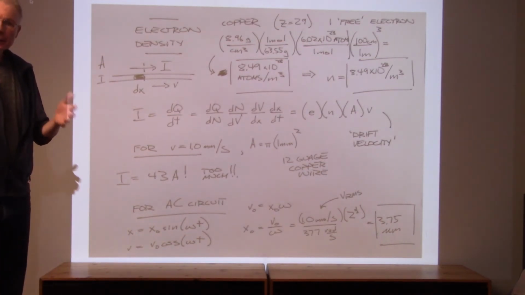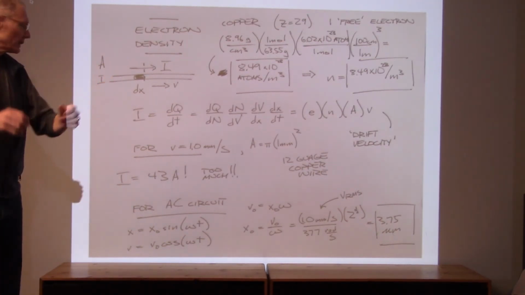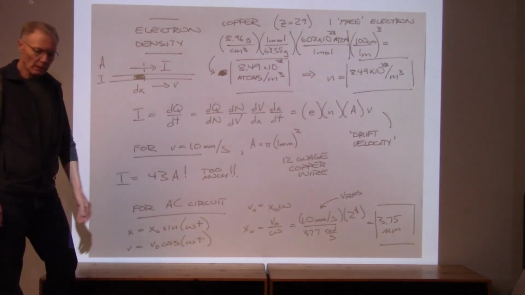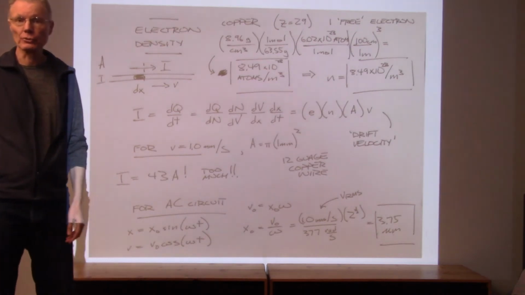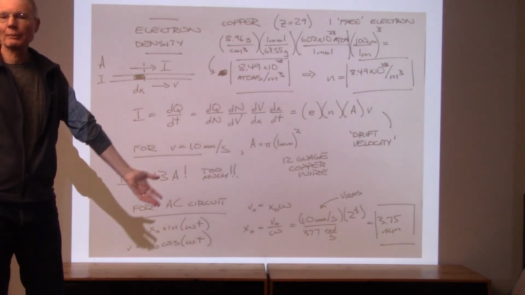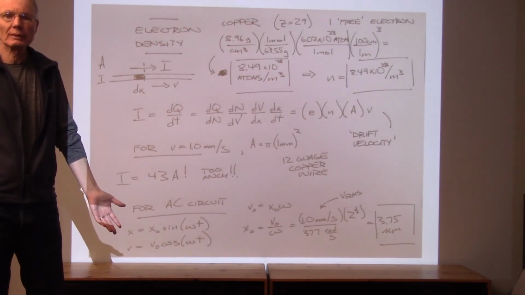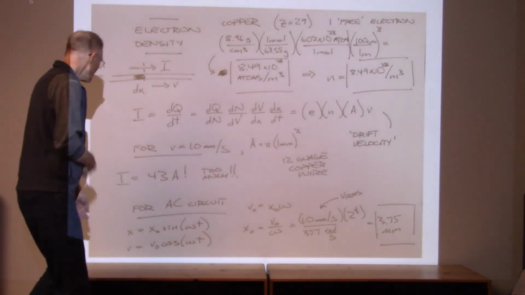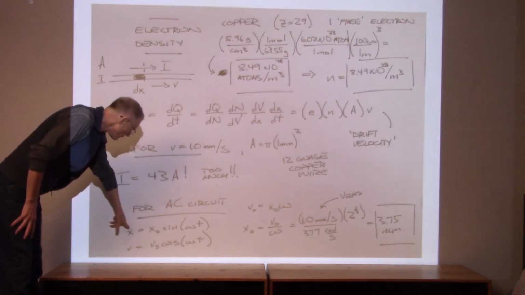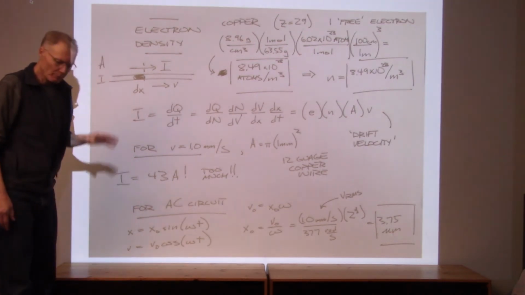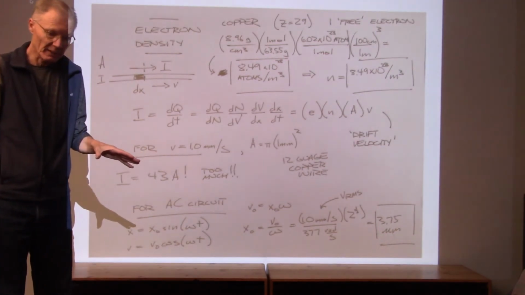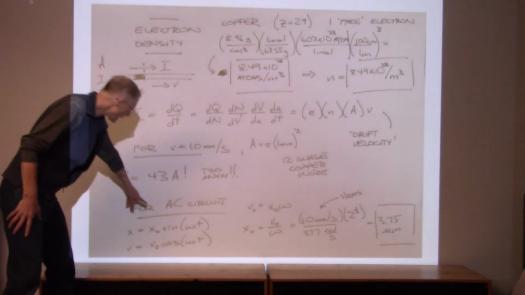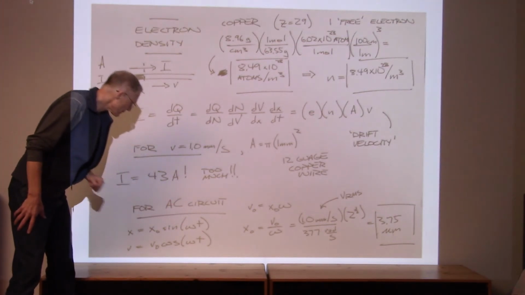To calculate how far an electron might travel in each direction, we could go back and use oscillatory motion equations. So back in chapter 13, 14, something like that, we looked at oscillations, probably chapter 13. And we had worked from these formulas. Now if I put in some kinematic formulas for the electron oscillating in my AC circuit, I could write that as x = x naught times the sine of omega t.